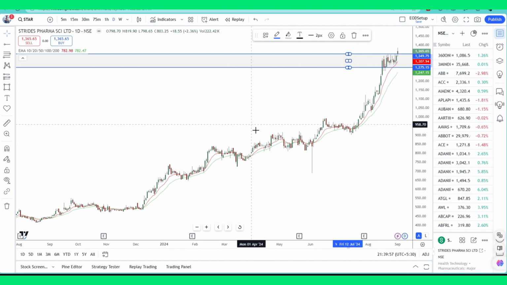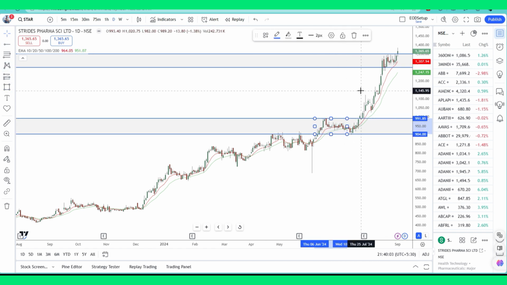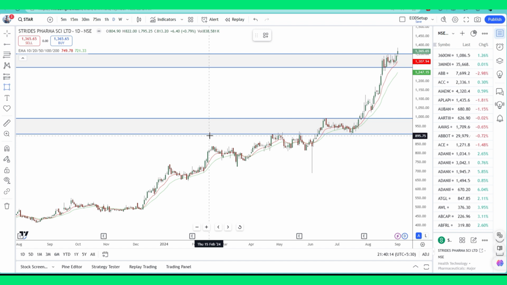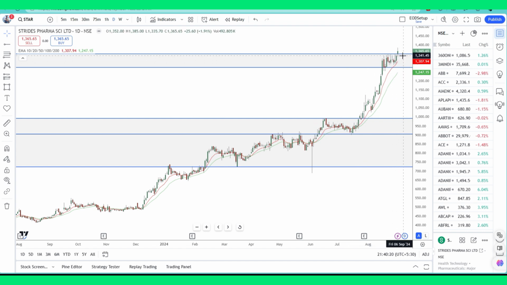So last consolidation was here. Then it moved up, again a small consolidation here and then up. Before that, this was a consolidation range. So the stock tends to consolidate and then move up, right?